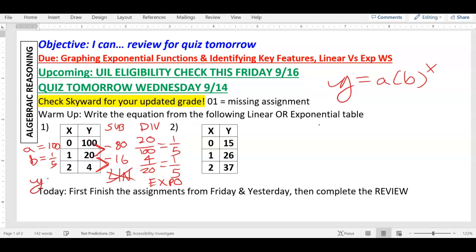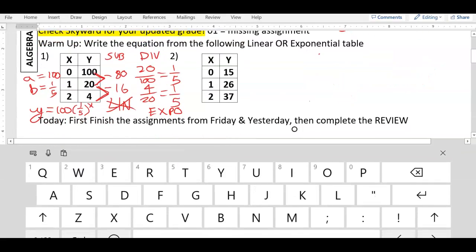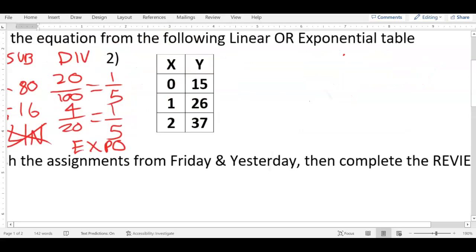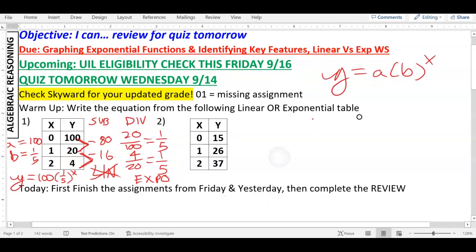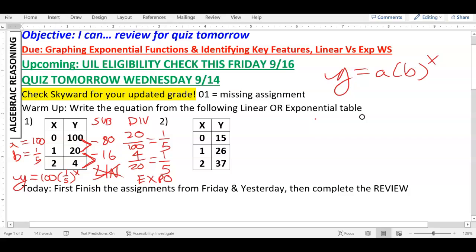So y equals a, which is 100, times b, which is 1 over 5, to the power of x. Okay. Do you see how we do that?